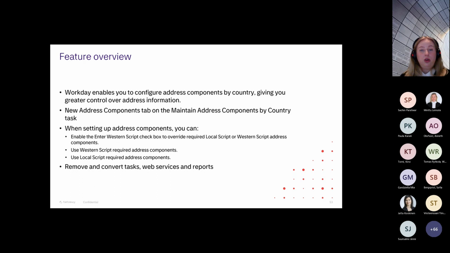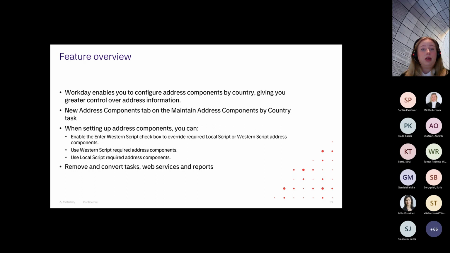Workday added a new address components tab on the maintain address components by country task, which enables you to set up address components that you want to show or hide or require when you enter an address for a country, and to select a label override for any address components, which increases your flexibility to set up addresses that suit the needs of different countries.